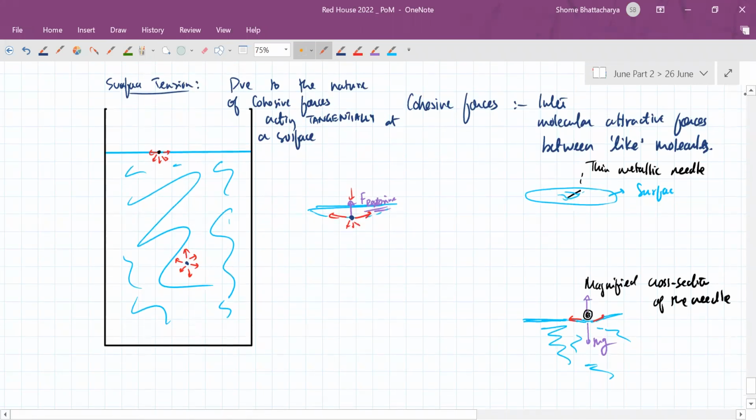It's always to do with intermolecular interaction, whatever type of material property we see, whether it is elasticity or restorative forces due to external stress and strain, or, in this case, the elasticity of a surface in the form of surface tension. It's always got to do with the nature of the intermolecular interactions.